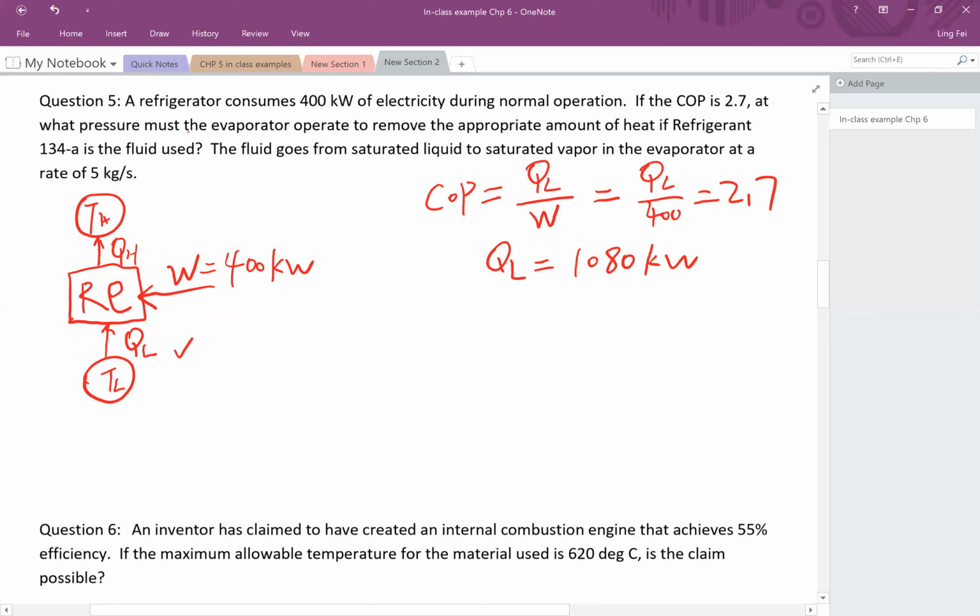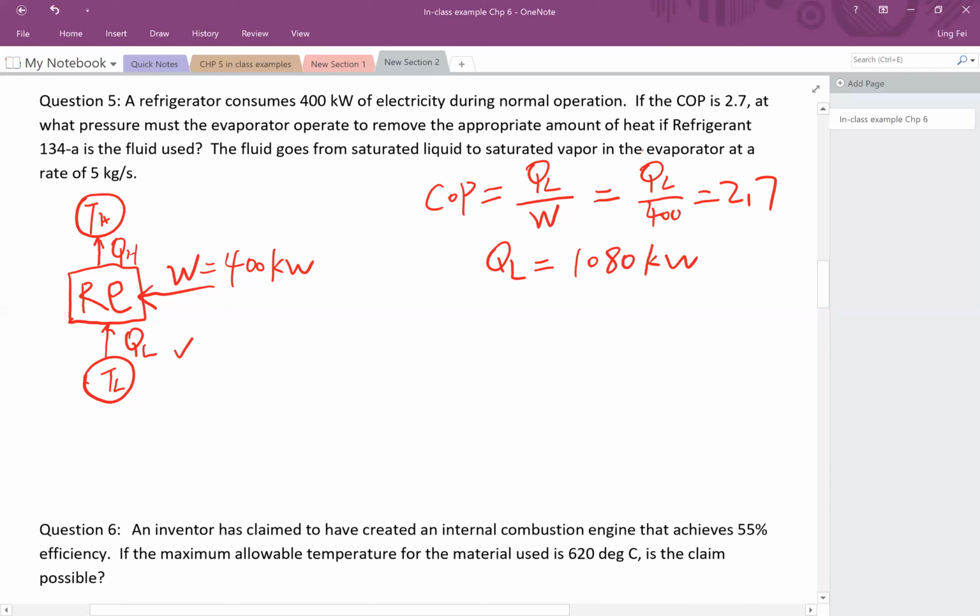So the question is to ask you at what pressure must the evaporator operate to remove the appropriate amount of heat. Refrigerant R134 is used. The fluid goes from saturated liquid to saturated vapor in the evaporator at a rate of 5 kilograms.